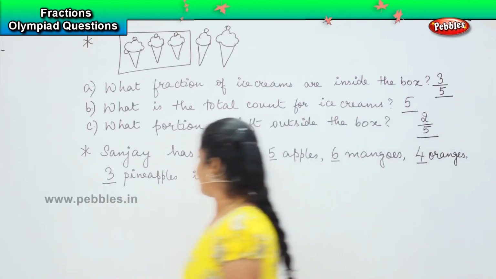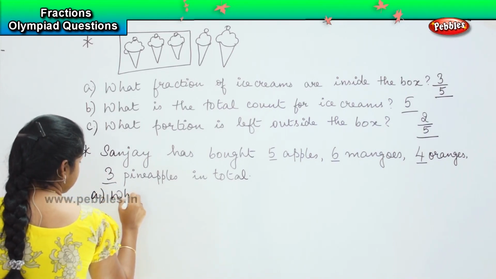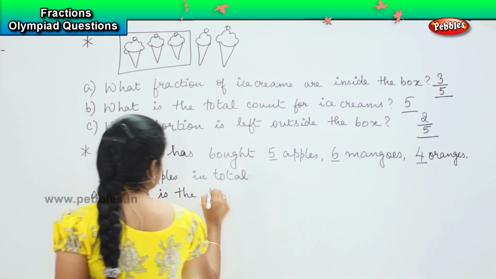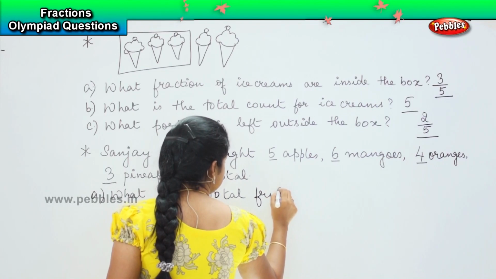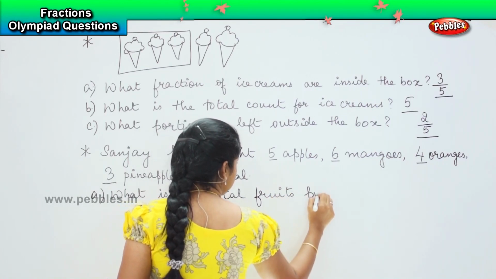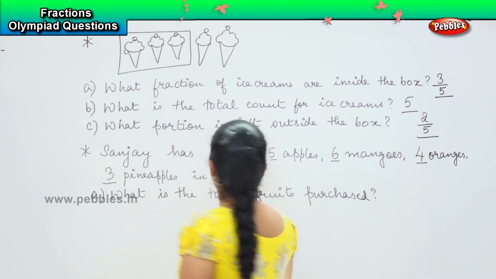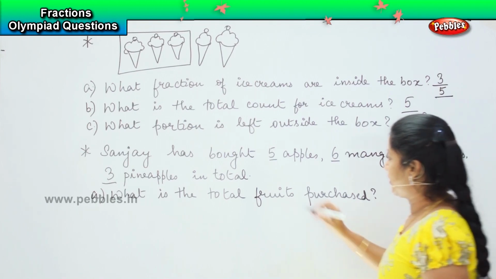Okay. So your first question is, what is the total fruits purchased? So what we have to do? We have to add all, right?